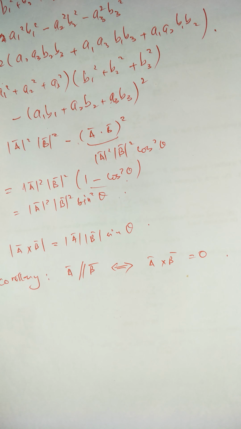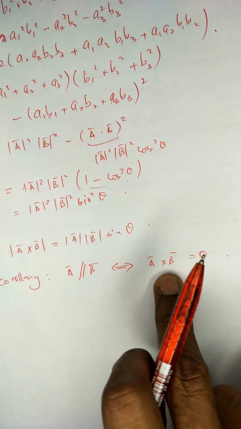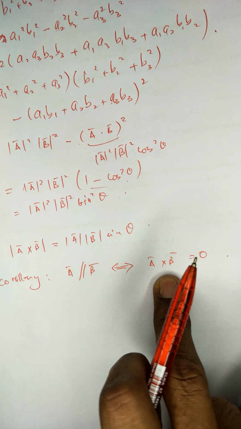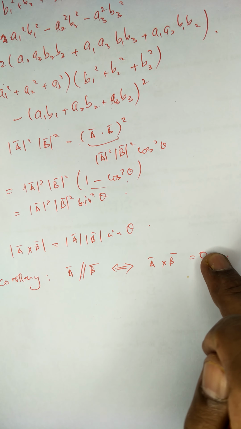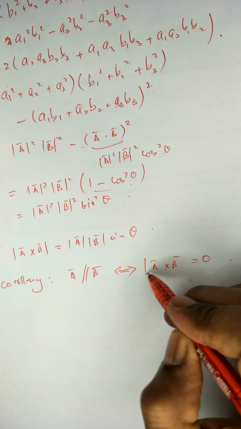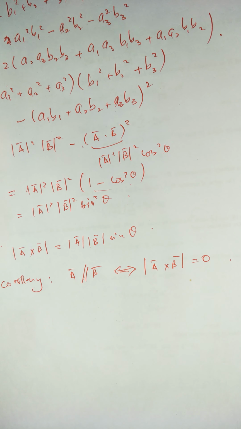It's not difficult to show that. Even if you take the magnitude, because the cross product gives you a vector, so in order to have the scalar, you take the magnitude of those, and that gives you 0.